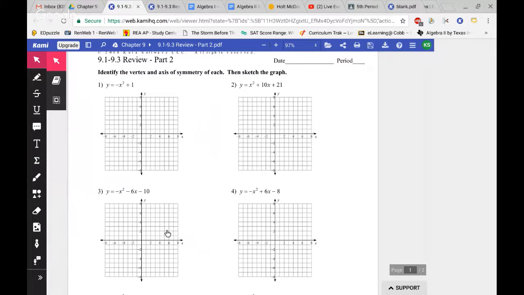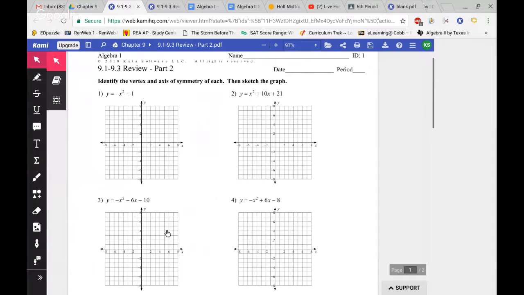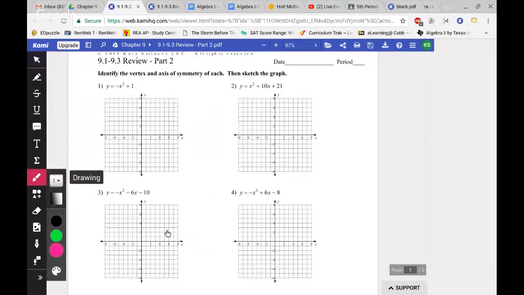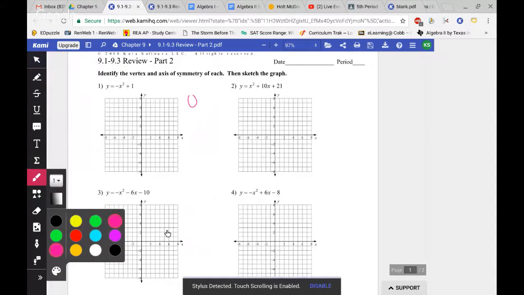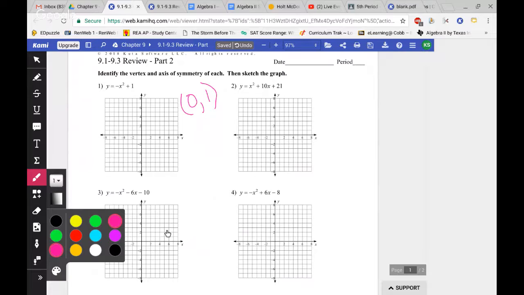On this particular one, the vertex is going to be 0, 1. Do you understand why? Mm-hmm. Okay. And the axis of symmetry is x equals 0, which is the y-axis.